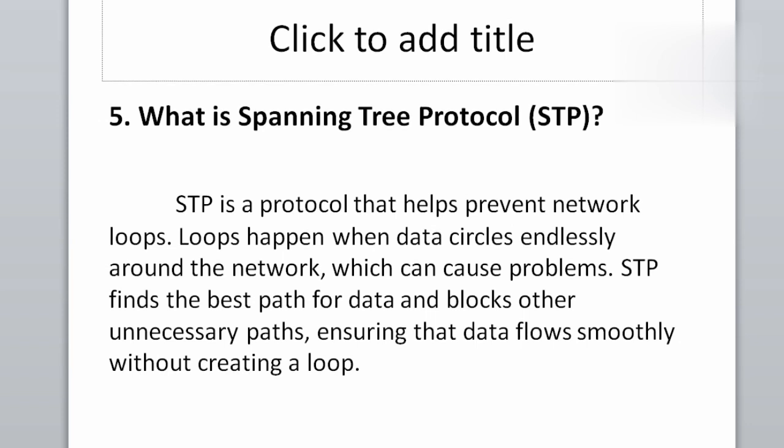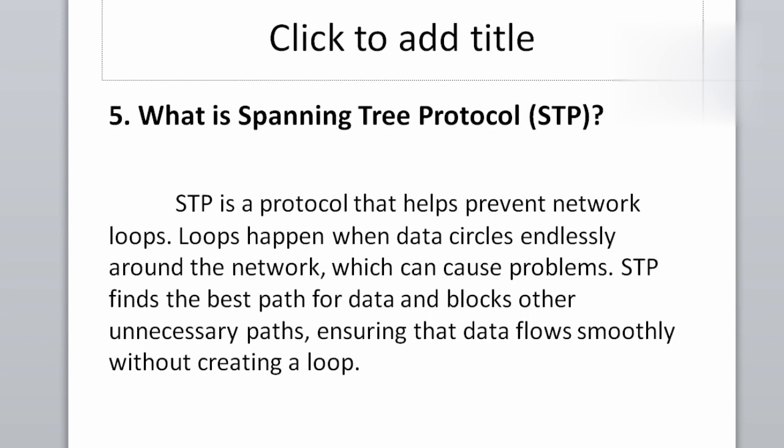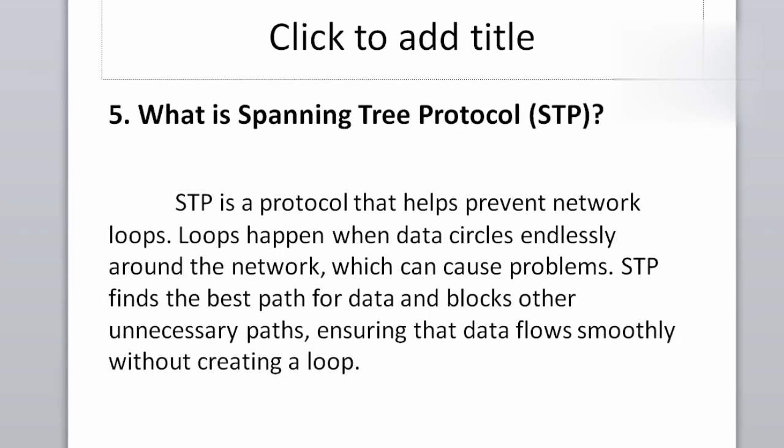Fifth question is, what is the spanning tree protocol? Spanning tree protocol is used to prevent loops, which happen when data circles endlessly around the network, which can cause problems.